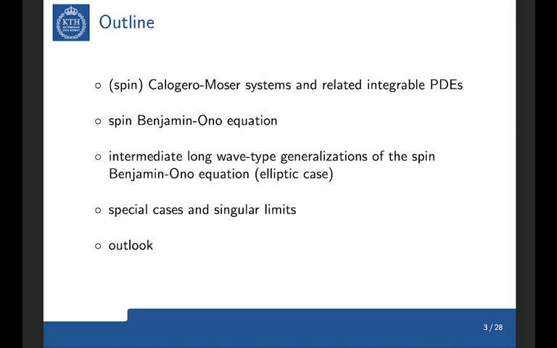And here we have an elliptic integrable system that is related to the elliptic spin CM system. Towards the end of the talk, I'll say a bit about special cases and singular limits of our new equations, spin-Benjamin-Ono equation and its generalizations. And before I conclude by just providing some remarks on the results and possibilities for future work.